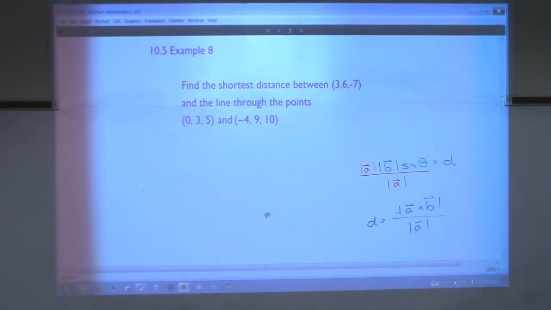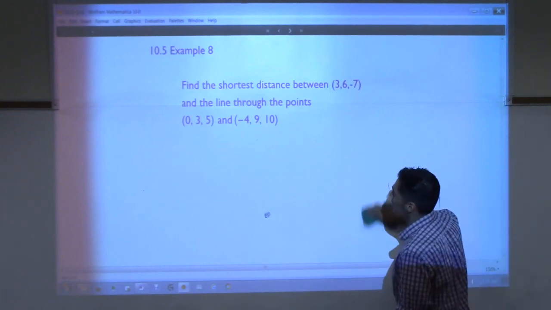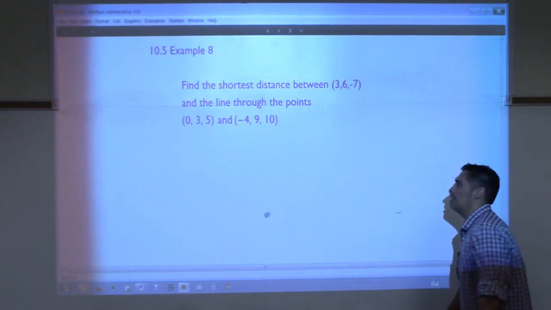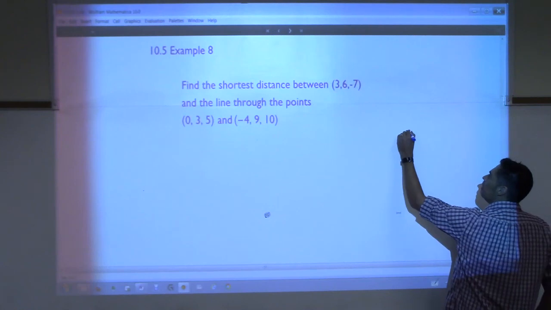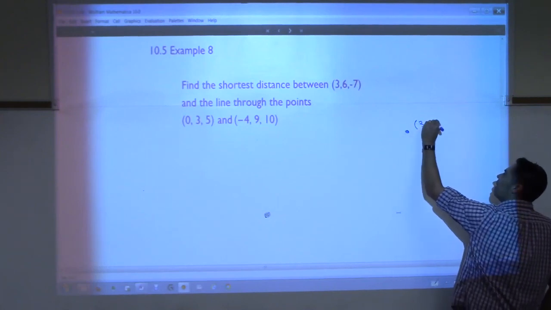All right, find the shortest distance between 3, 6, negative 7 and the line through these 2 points. So I give you a point, and then I give you 2 other points, and there's a line between those 2 points. So let me draw the picture. And it doesn't matter how I orient things, right?